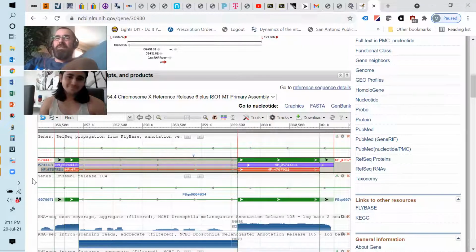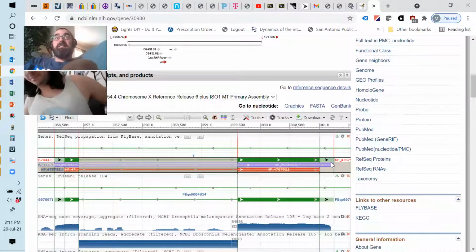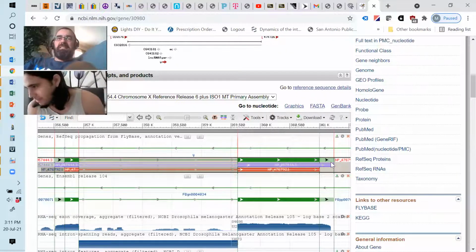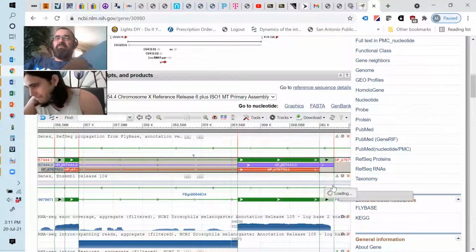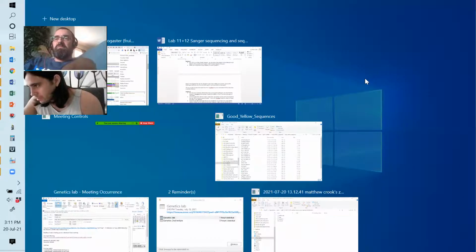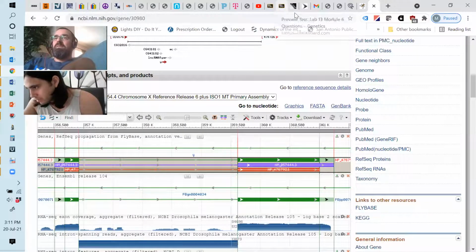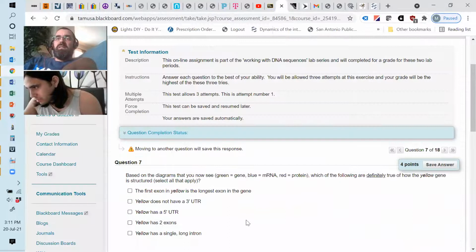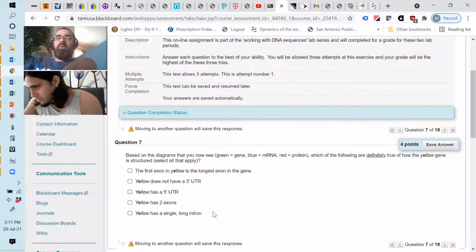Go back to here. Well, I'm not going to confirm that, Adam. Robert's already tried that gambit once already. Think I'm going to fall for it twice? Honestly. Okay, so here's the 5' UTR, and here's the 3' UTR. Does it have a 5' UTR?